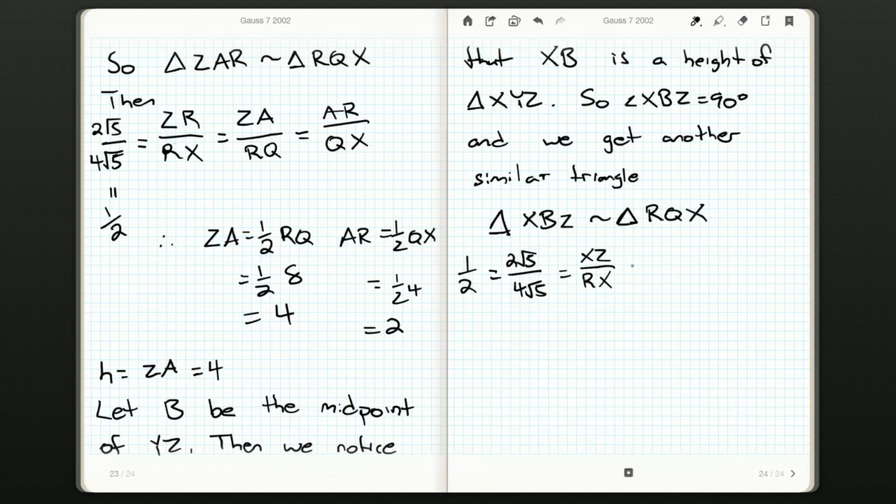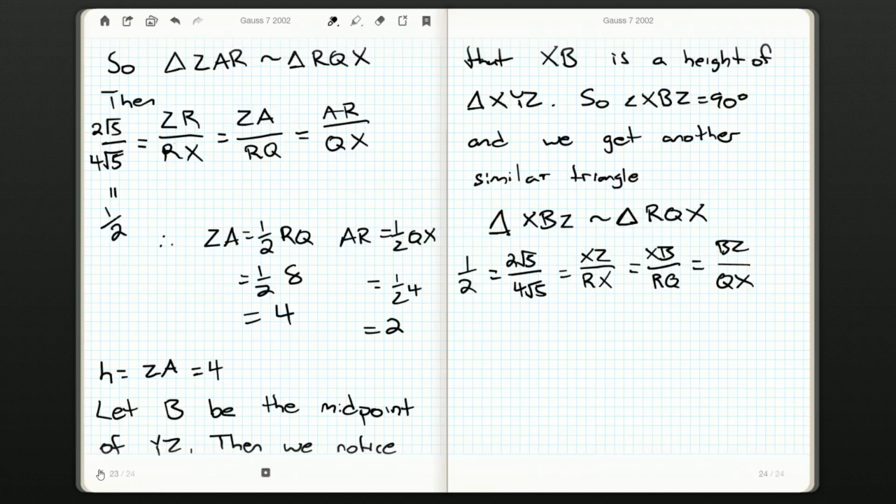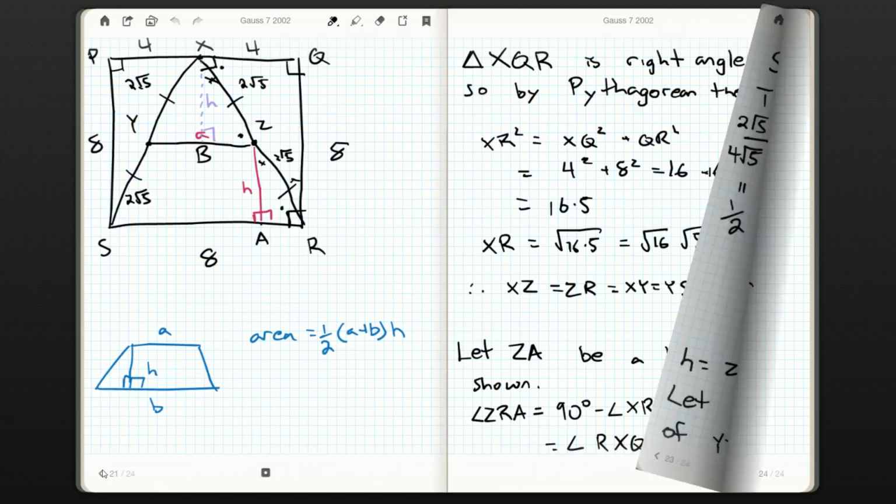RX and XZ, that's the same as XB and RQ, so that's the first two, and then the last two, BZ and QX. Well, we know some of these lengths, right?